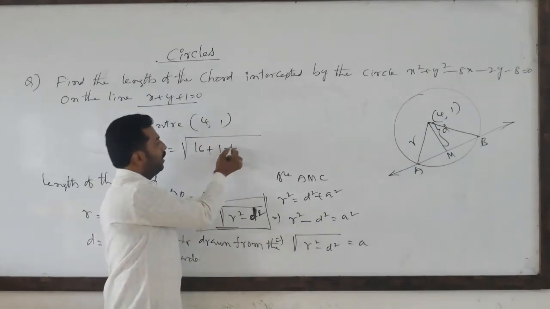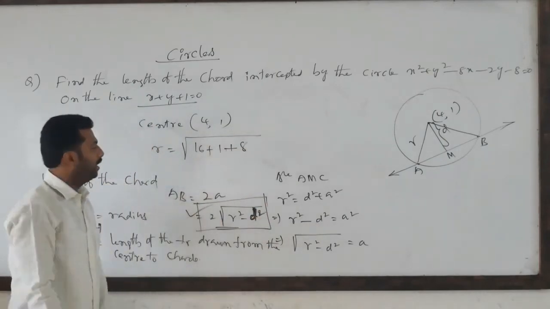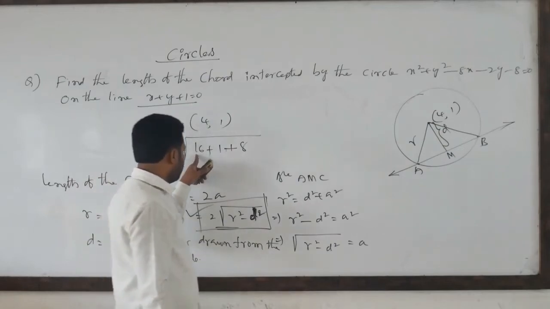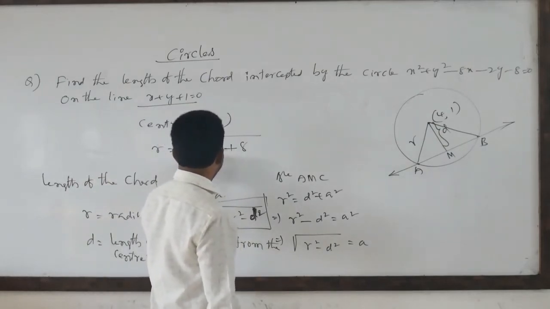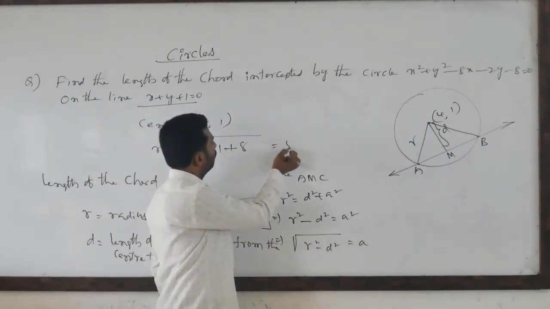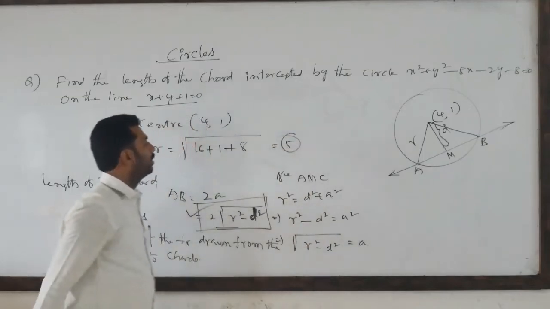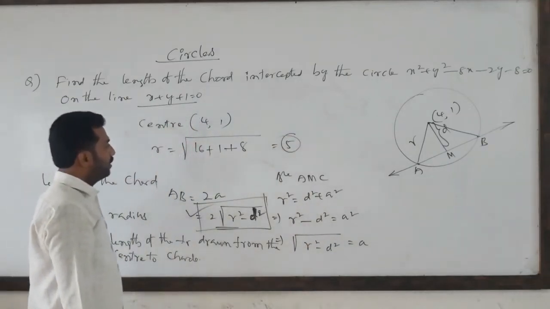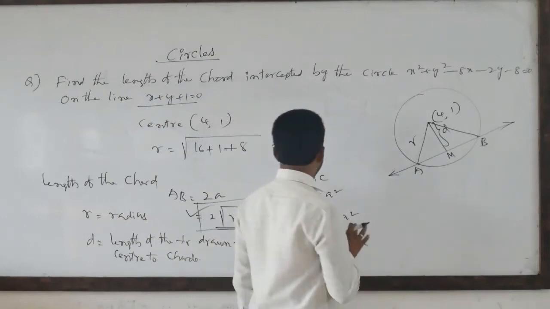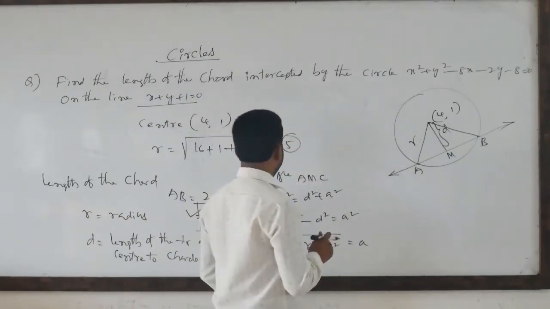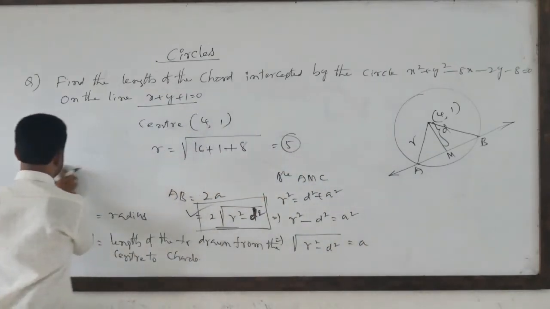Already minus is there, so this is plus 8. So this is 17, 25. So 25 under root, r equal to 5. Then d we have to calculate, the perpendicular distance.